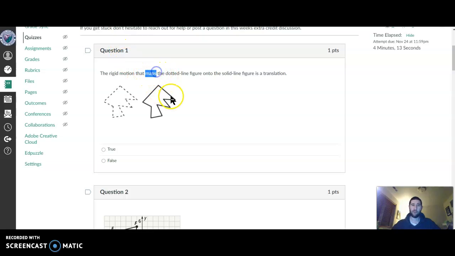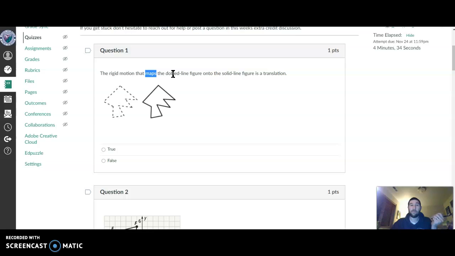the word maps here is one that's not used or thought of very often colloquially in reference to math. And so when we talk about maps in English, what we're really talking about is a thing that shows us where to go. That's the same application in geometry.